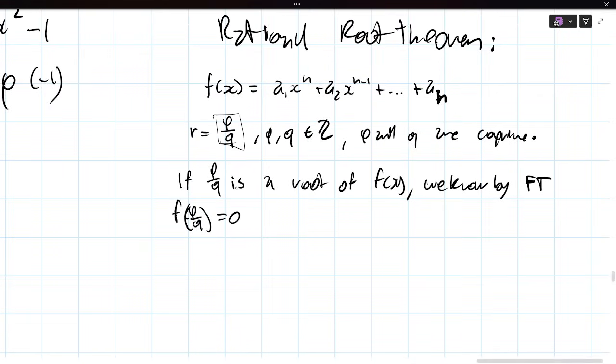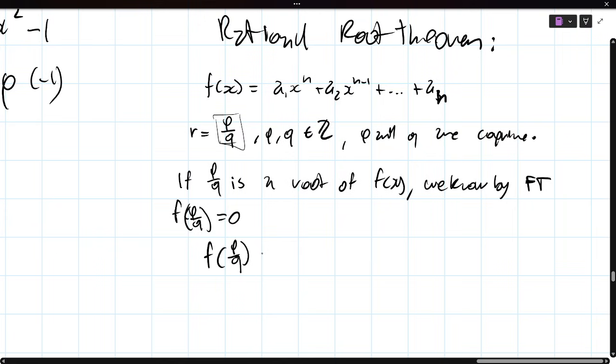Now, if this is the case, then I can just substitute my x's with p and q's, and I'm going to be left with the following.